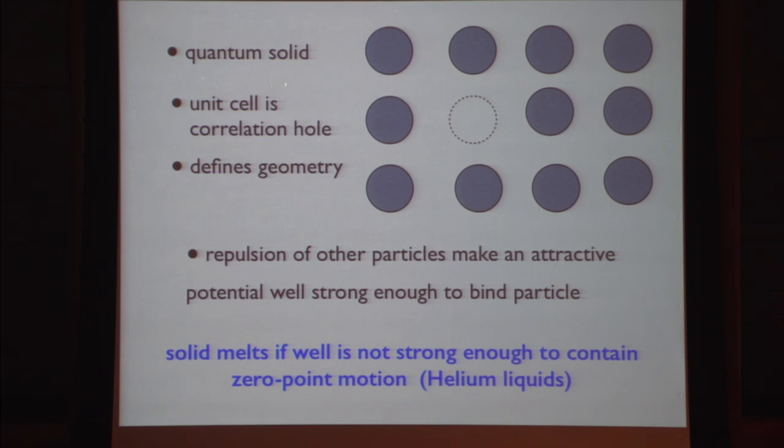When the quantum zero-point motion of the particle is too big, it gets outside this, as it does in helium-3 or helium-4 at low pressures, then the thing melts, right? So this is the criterion for melting. Essentially, there's a geometry of this system, which is the lattice shape or the unit cell shape, and the vacancy is approximately the shape of the unit cell.